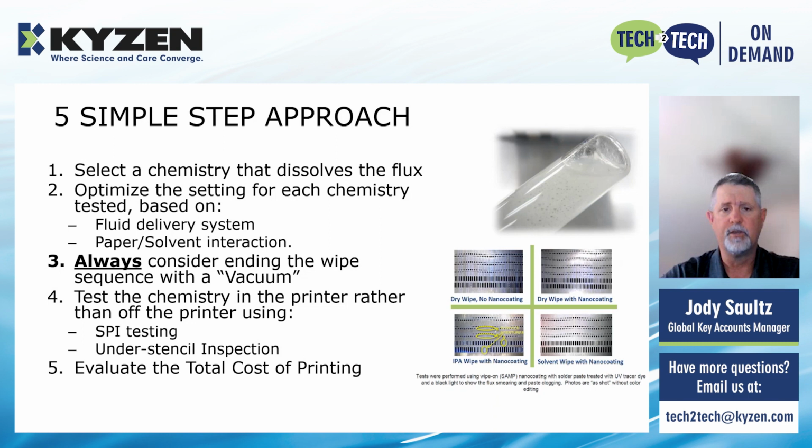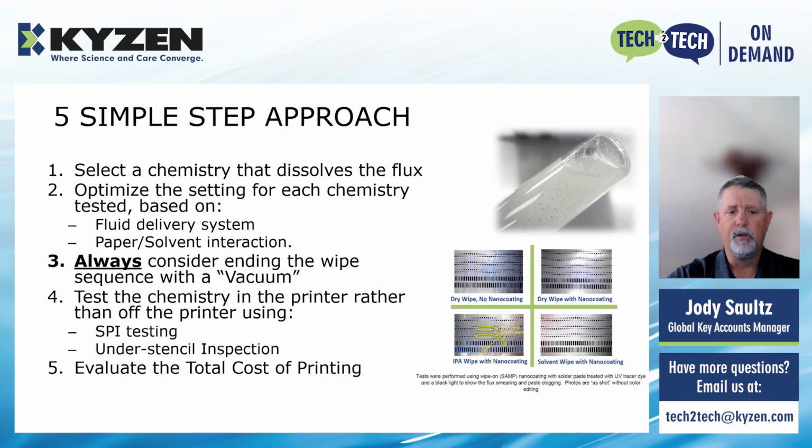Select a chemistry that dissolves the flux. Optimize the settings for each chemistry tested based on the fluid delivery system, the paper interaction with the solvent, and always consider ending in a vacuum. So many customers out there end in a dry wipe, and vacuum is by far proven the best. And then test the chemistry on the printer rather than offline.